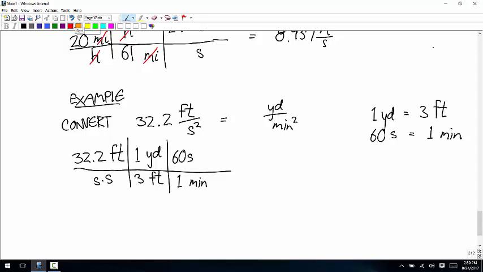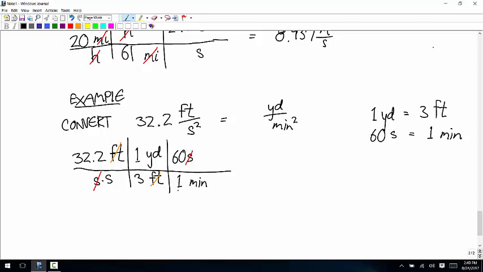Here's the key thing. Doing this one multiplication of 60 seconds over 1 minute only cancels one of these seconds. These are canceled. Okay, so if all we did was this, what we would really have is, multiply out the numbers, and it would give us this acceleration in yards per seconds per minute.